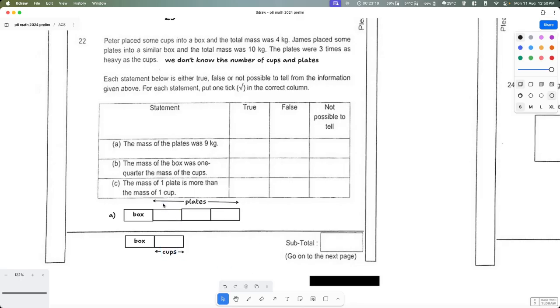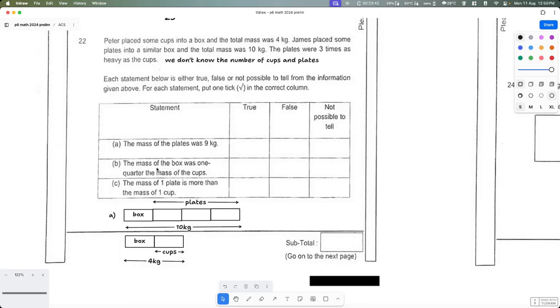If we say the mass of the plates was 9 kg, the total is 10 kg, and in this case this is 4 kg.